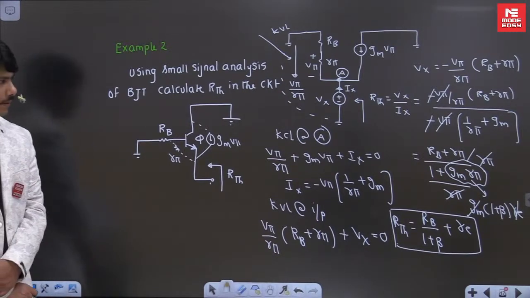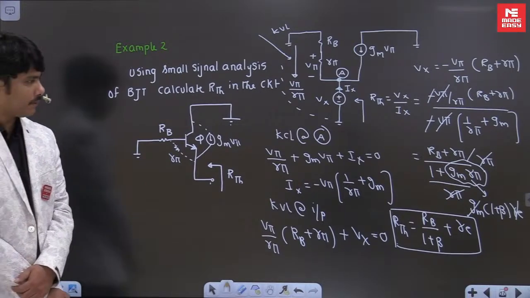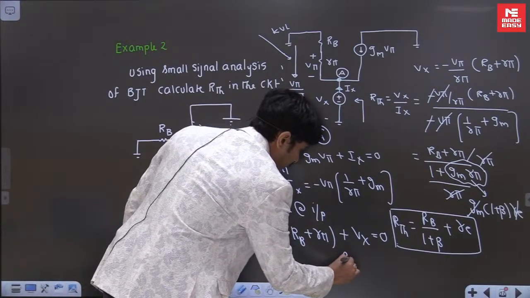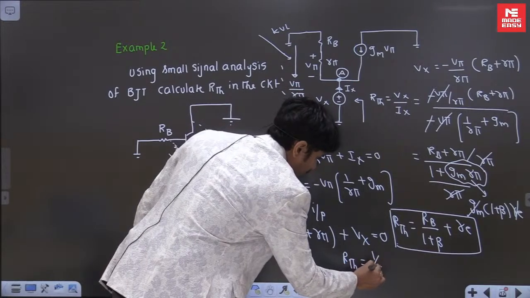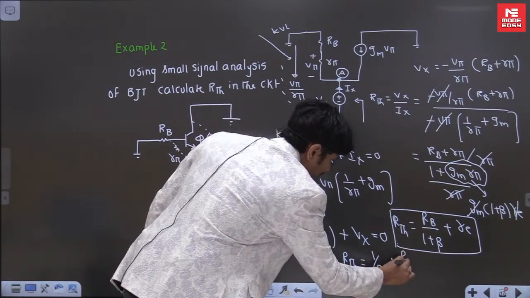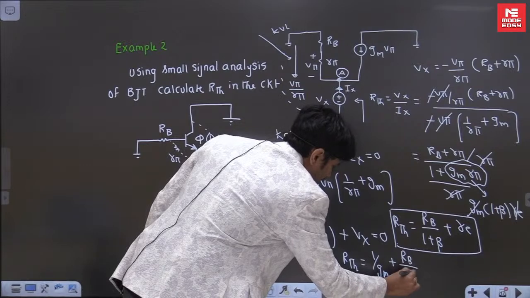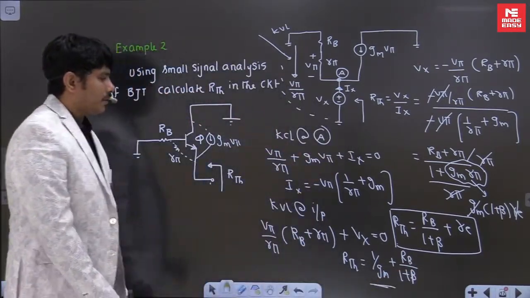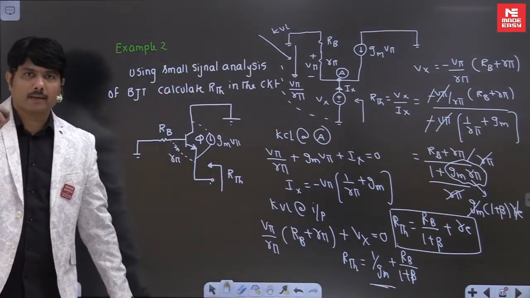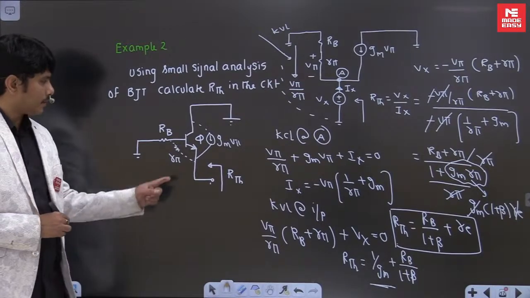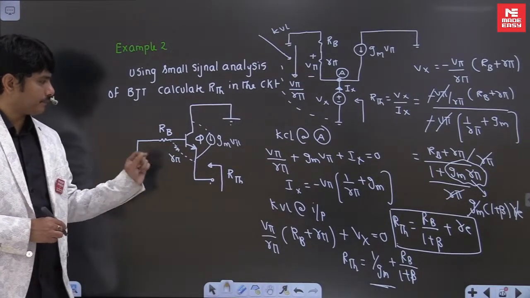Some students may confuse here. The answer you can write R Thevenin as 1 by GM, also you can write plus RB by 1 plus beta. Some students have given the answer 1 by GM parallel. That is wrong answer. It is not parallel. It will come in series here.